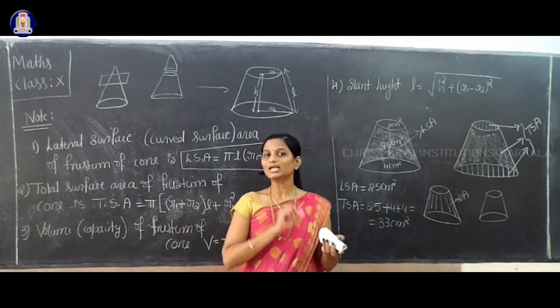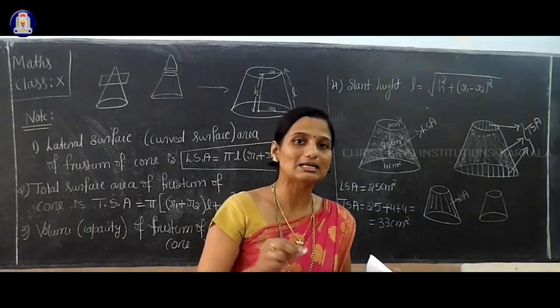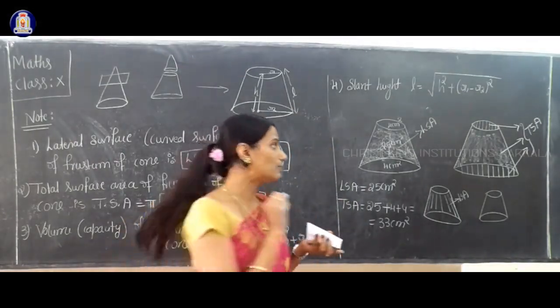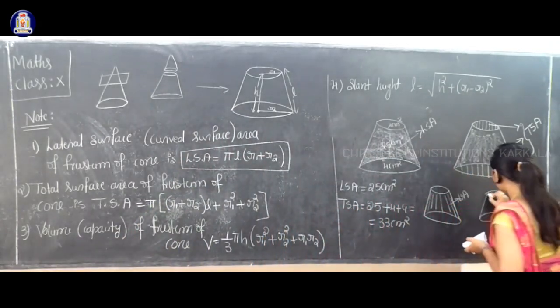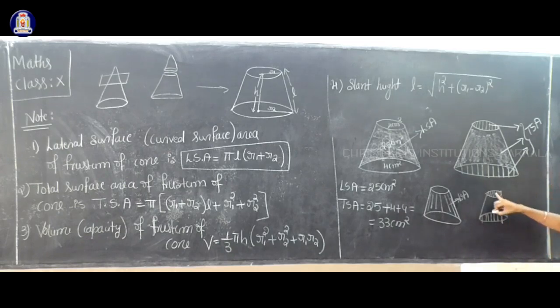But how to identify whether it is lateral or total? By the given sentence: it is closed at both ends. So I mark it as closed at both ends. This is shaded, meaning this is closed and this is closed. Is this lateral or total? This is total surface area.